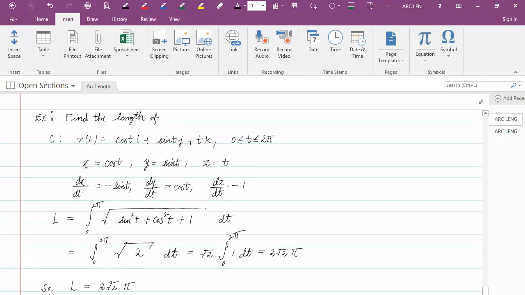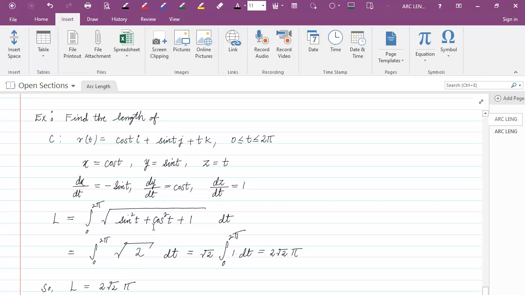So we know that the length would be the integral from 0 to 2 pi of the square root of dx/dt squared. The square of dx/dt would be sine squared of t, plus dy/dt squared, so we get cosine squared of t, plus dz/dt squared, which is 1.